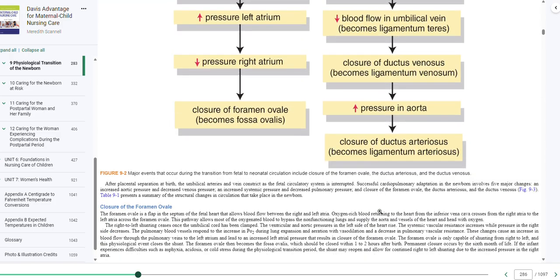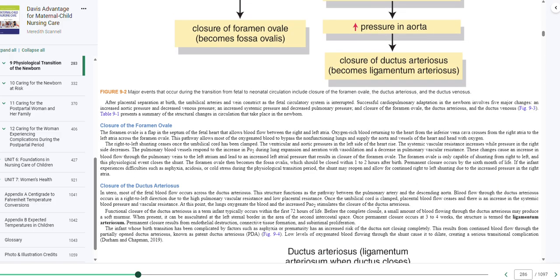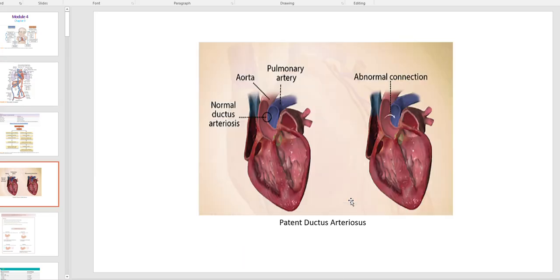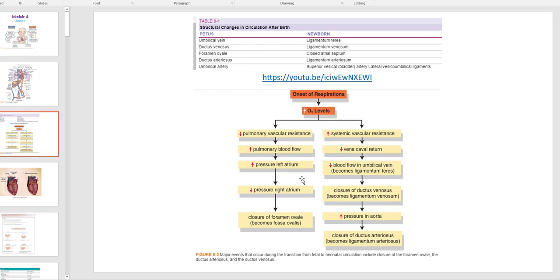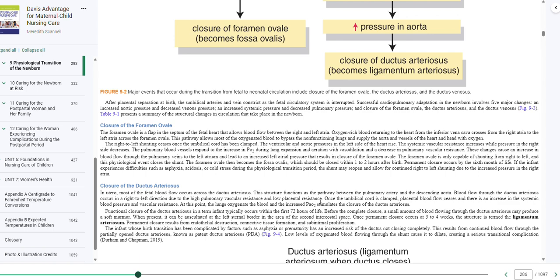Going on down, let's talk about the closure of the foramen ovale. This is the flap over the septum in between the heart. And let's flip over to some of the PowerPoint, my lecture notes. This is the flap in between here. And it's in your book as well.